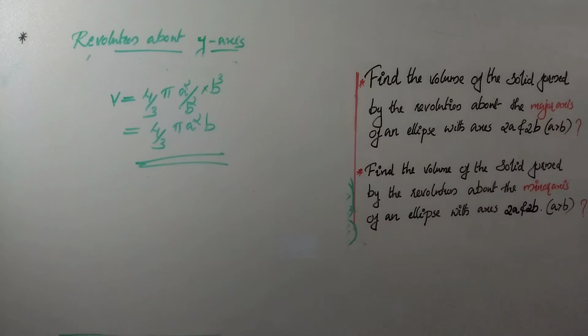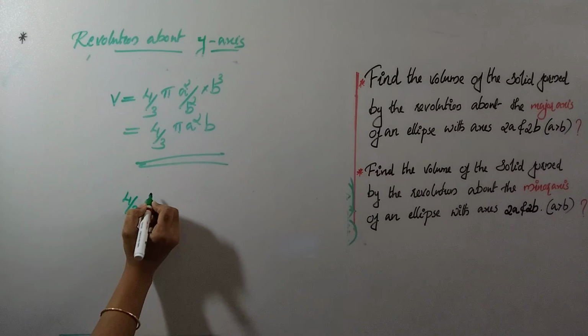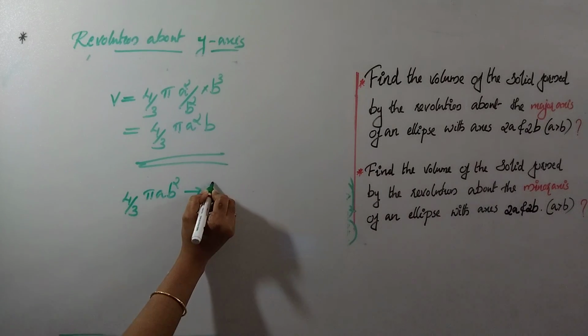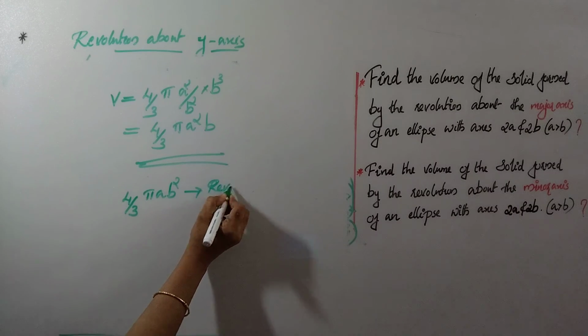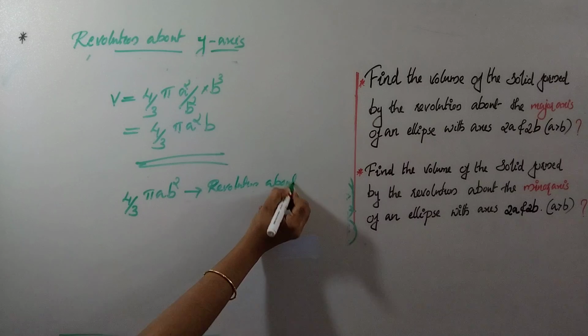So we have seen that the volumes obtained by revolving the ellipse about the major axis and minor axis are different. The volume of the solid formed by the revolution about the major axis of an ellipse with axes 2a and 2b, with a greater than b, is 4 by 3 pi a b square.